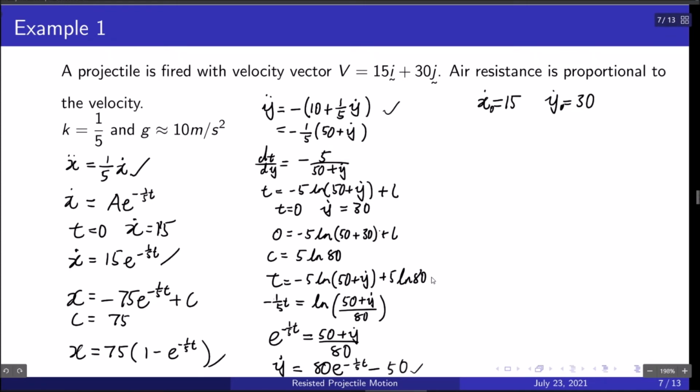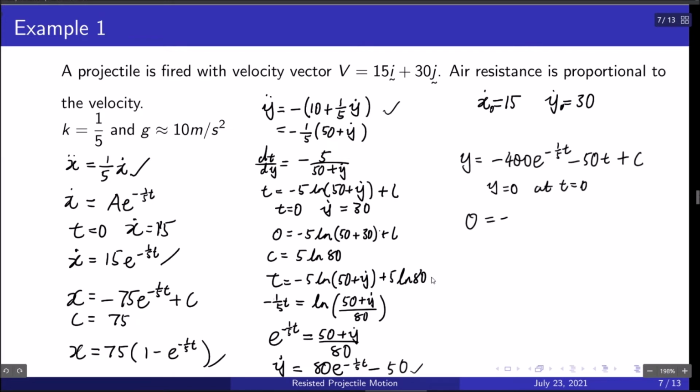Now we get displacement. So y equals, obviously, we integrate this with respect to time. That gives negative 400 e to the power of negative 1/5 t minus 50t, and then plus c. So to find out what c is, we recognize that y initial equals 0 as well at t equals 0.